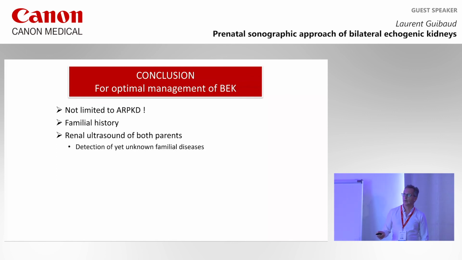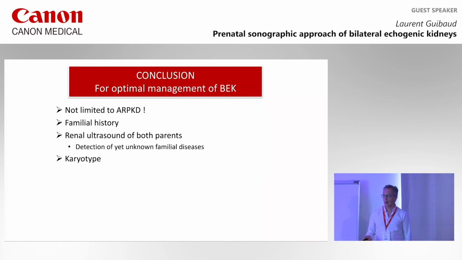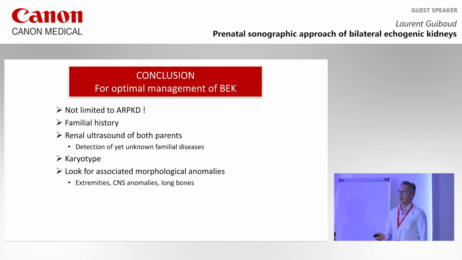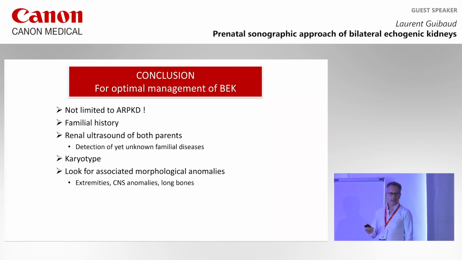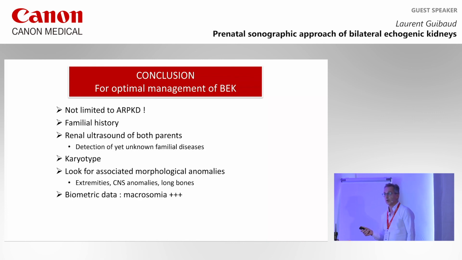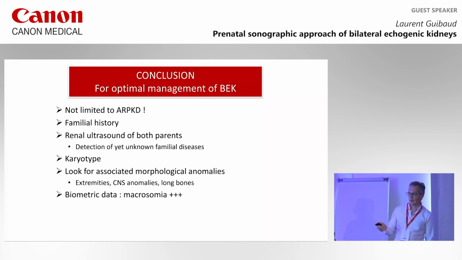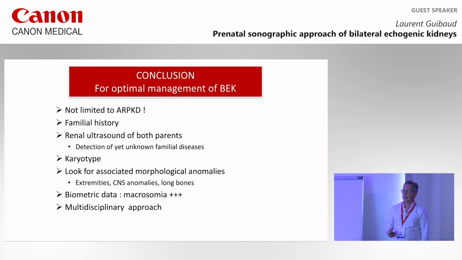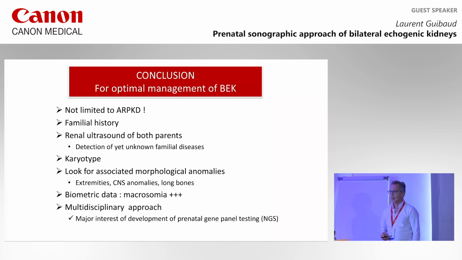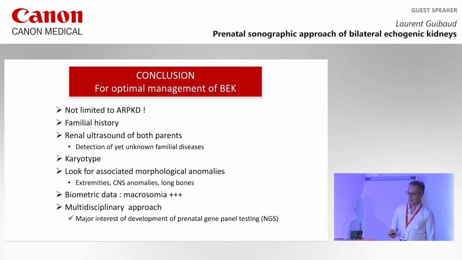You should look for the familial history, should look for the renal ultrasound of both parents, and sometimes it's detection of unknown familial diseases, karyotype or CGH, look for associated morphological anomalies, extremities, CNS anomalies, long bones, look for the biometric data with the case of macrosomia, the case of IUGR with trisomy 13, and it's always a multidisciplinary approach with now a major interest in the development of gene panel testing.